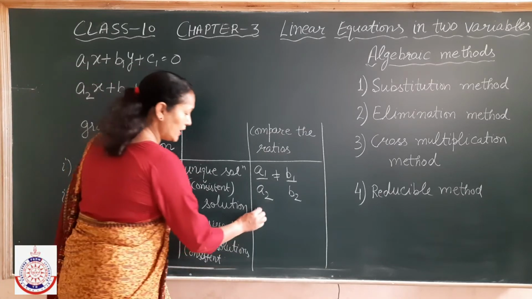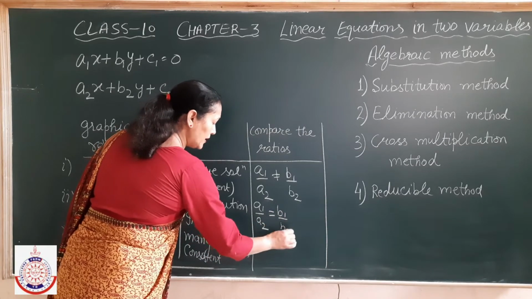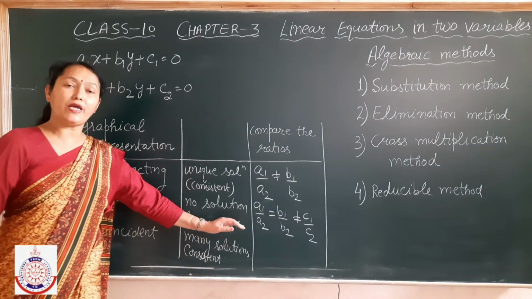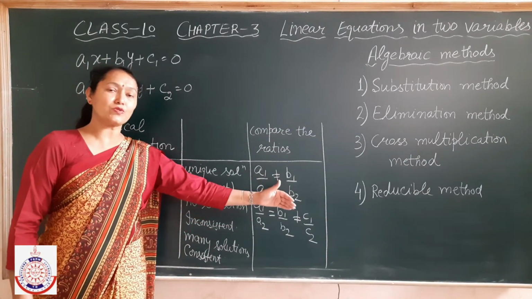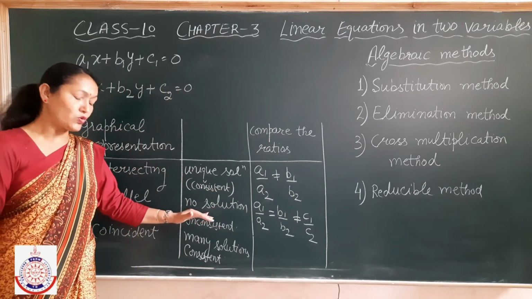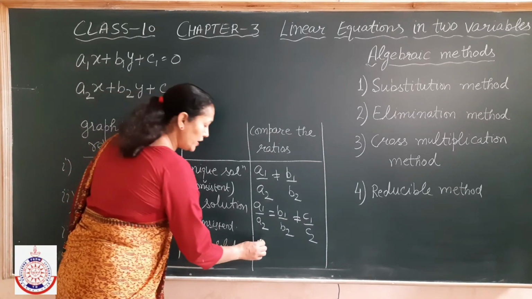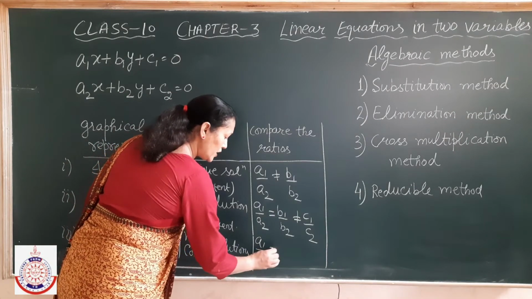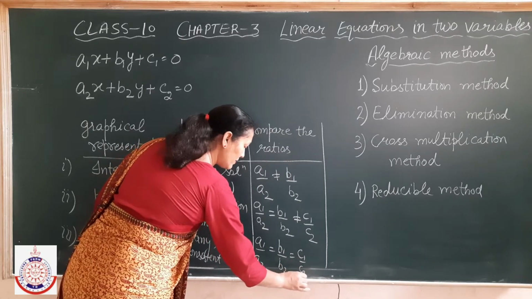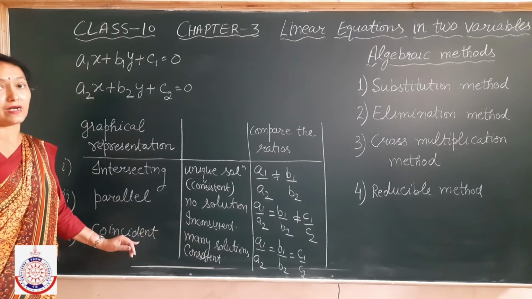If A1 over A2 equals B1 over B2 but not C1 over C2, the equations have no solution and the lines are parallel. If A1 over A2 equals B1 over B2 equals C1 over C2, the equations have many solutions and the lines are coincident.